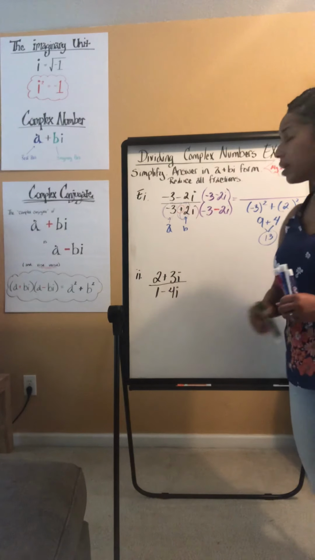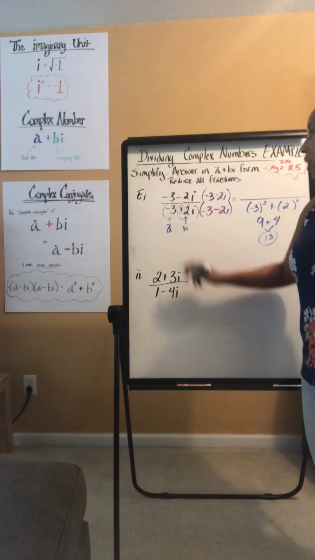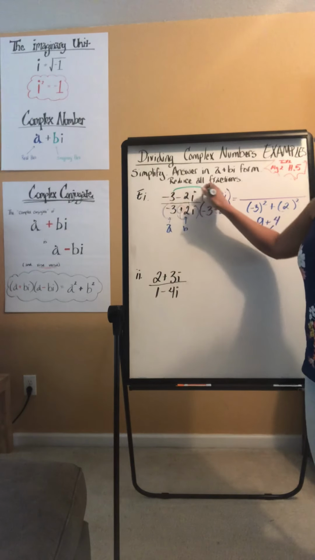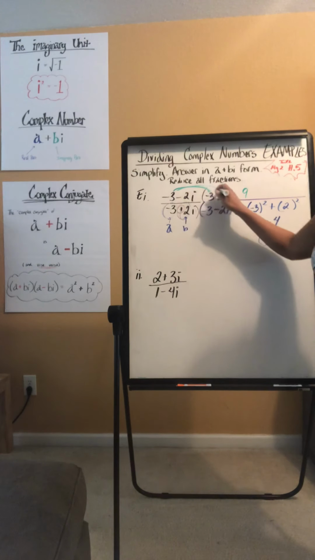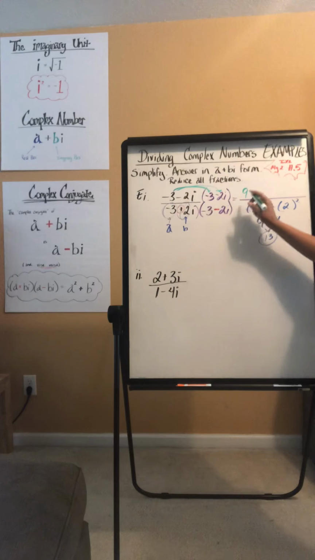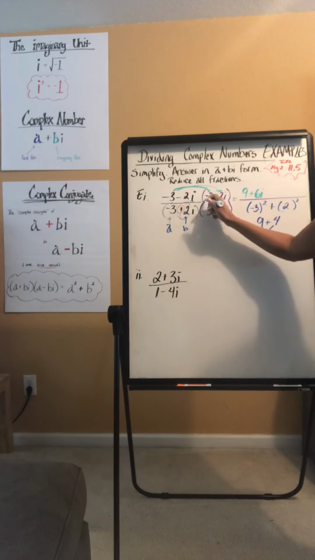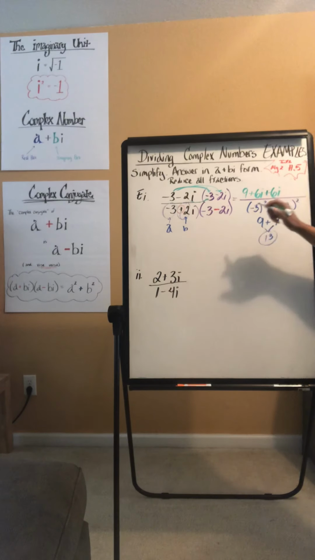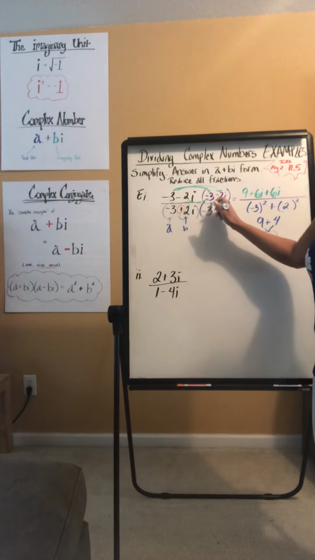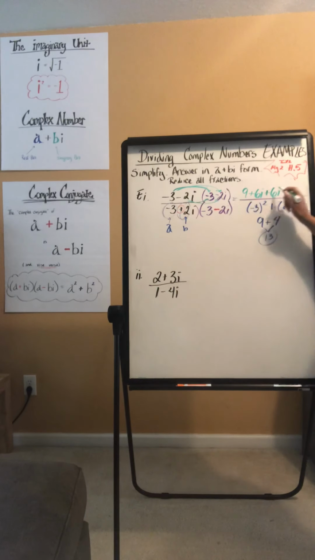My numerator, there is no shortcut for it. Well, there is, but -3 times -3 is 9. -3 times -2i is positive 6i. -2i times -3 is another positive 6i. And -2i times -2i is positive 4i squared.